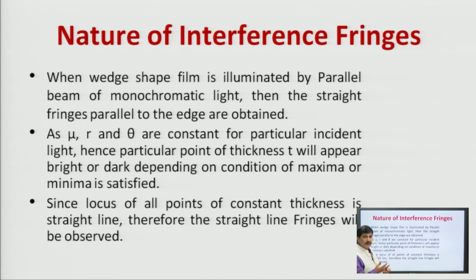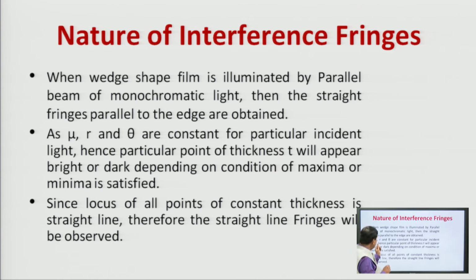The path difference equation is 2 mu t cos theta plus r. As mu, r and theta are constant for a particular incident light, angle i will be fixed, so angle r will be fixed. Theta is already fixed as a wedge shape film, and mu is already fixed.